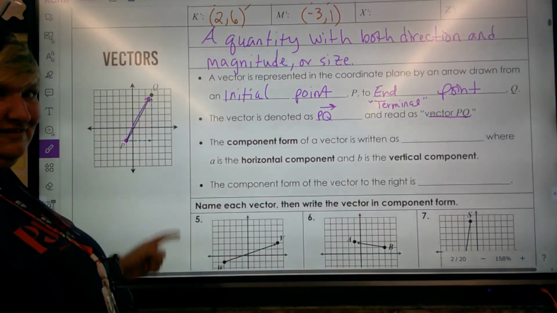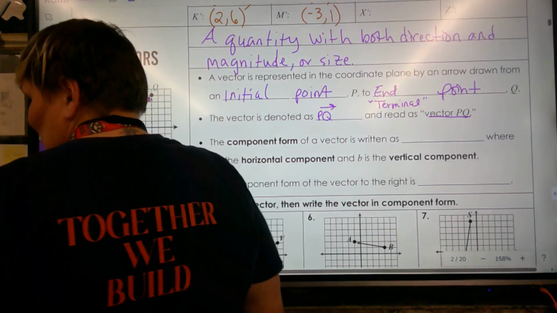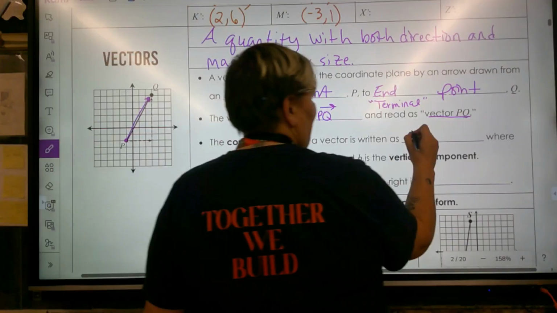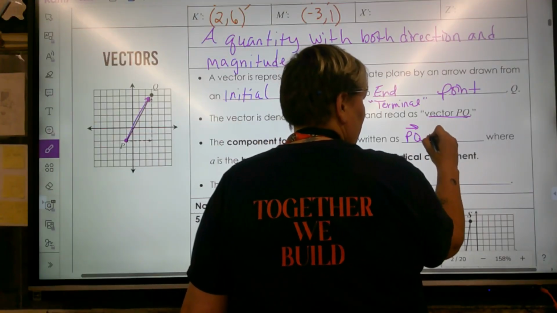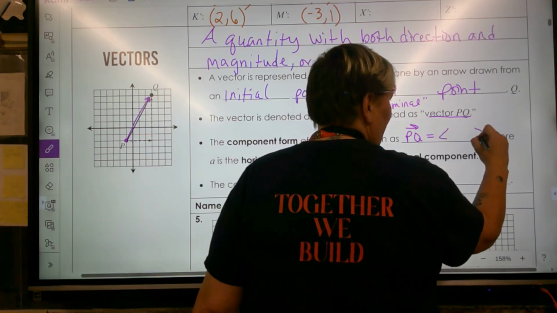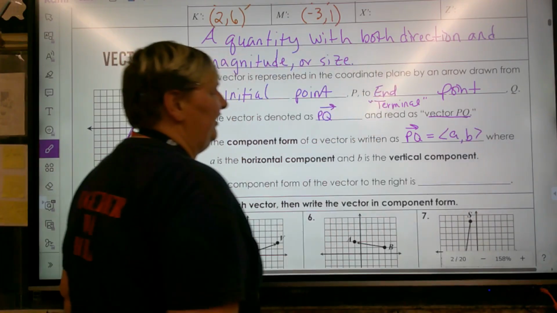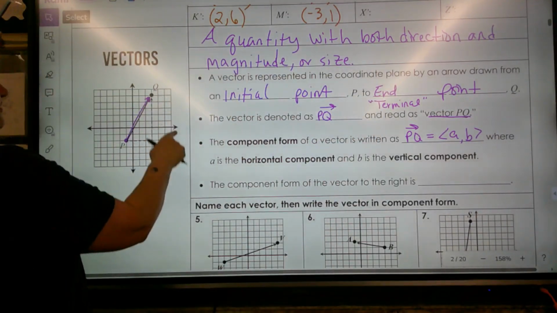Okay. The component form of a vector is written as vector PQ, right? And then you put little arrows on it. And then you put your A and your B, right? So what's your A and your B?